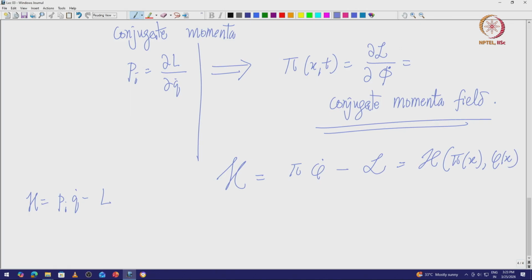Now one has to be a bit careful here, okay, because if you want to write the full Hamiltonian, you can write the Hamiltonian to be the integral of the density, d mu of x, h of pi, phi.